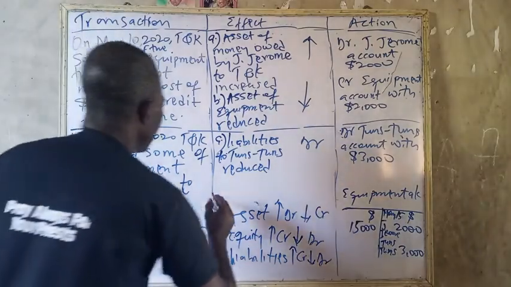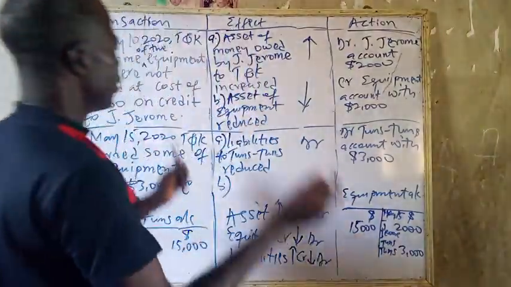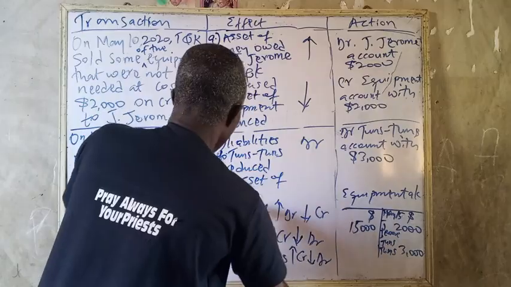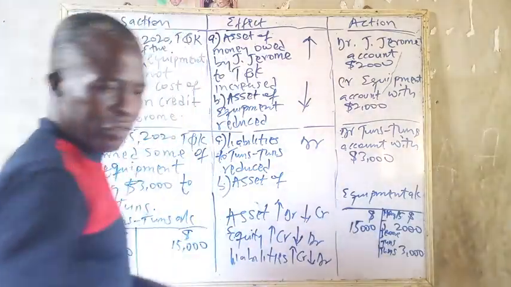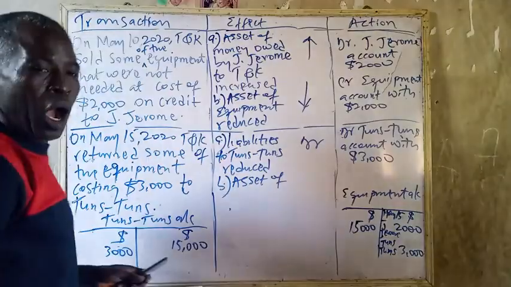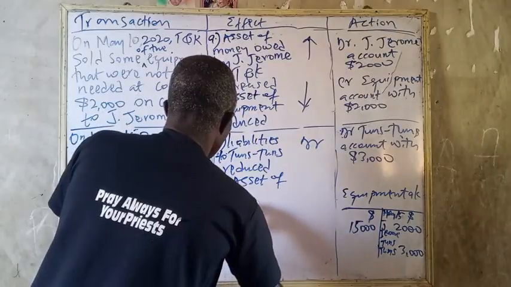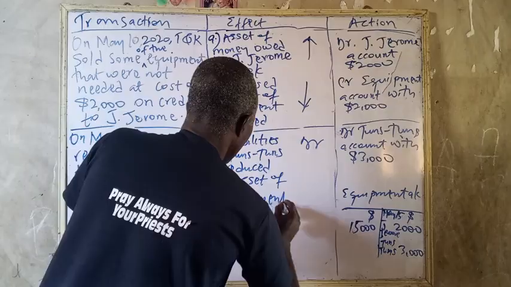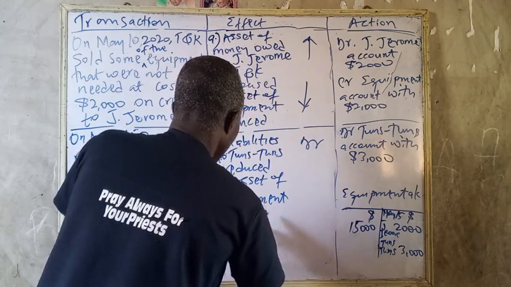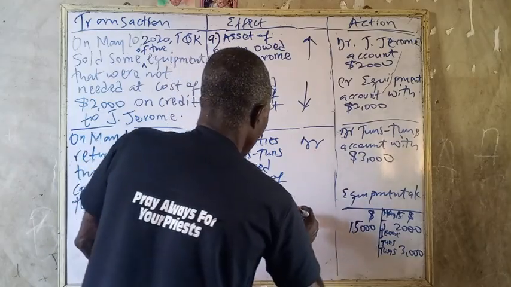What is the other effect? Effect B is that the equipment account has reduced. That means the asset of equipment reduced.